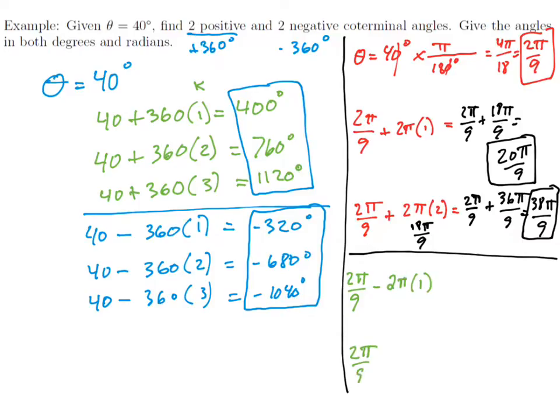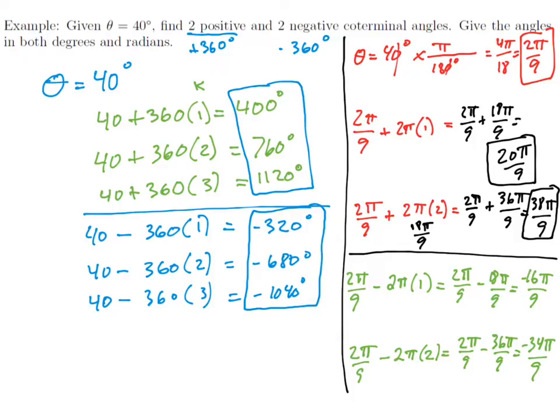So 2 pi over 9 minus 2 pi. So we end up with 2 pi over 9 minus 18 pi over 9. We get negative 16 pi over 9. And then subtract 2 times 2 pi. We get 2 pi over 9 minus 36 pi over 9, negative 34 pi over 9.